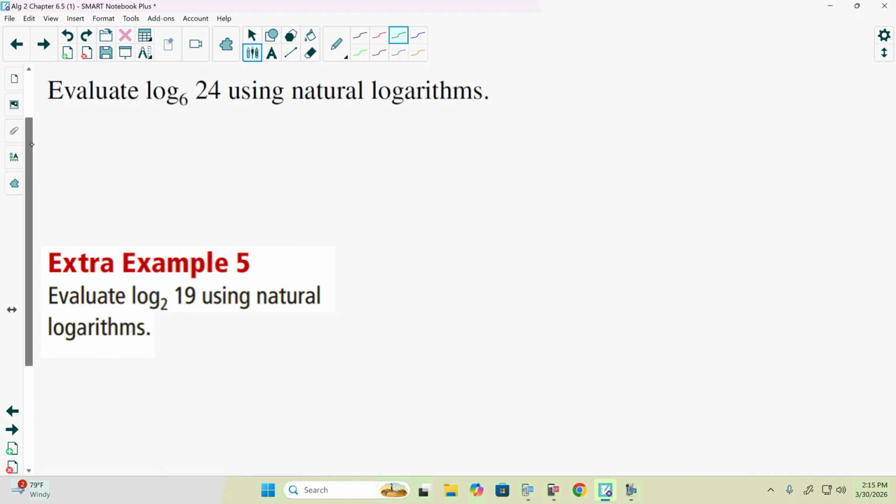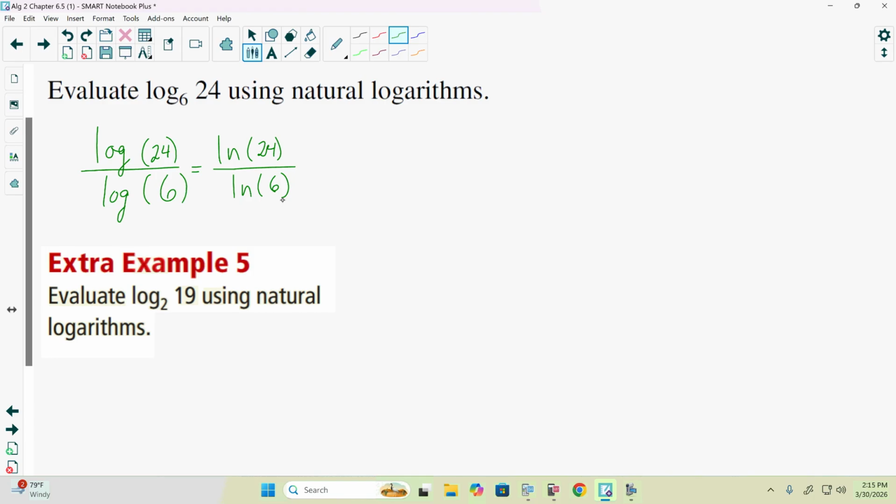Evaluate log base 6 of 24. So if we wrote it in terms of logs, log on top, log on bottom, this would be what? Log of 24 over log of 6, which is the same as the natural log of 24 over the natural log of 6. Now, what that's saying when we're finding a log is 6 to what power is 24?